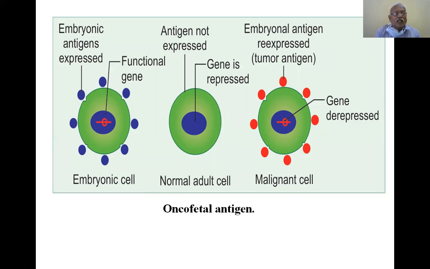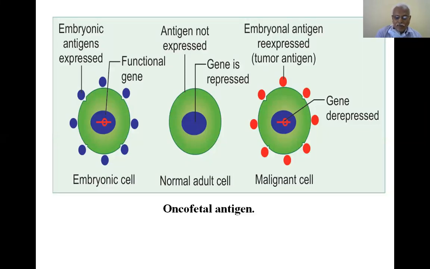We have to remember the oncofetal antigen that is present in the embryonic cell goes into silence when the embryonic cell goes into a normal adult cell. And finally, when the embryonal antigen is re-expressed as a tumor antigen in the adult stage, then the gene will be de-repressed and it will result in a malignant cell. This you have to remember.